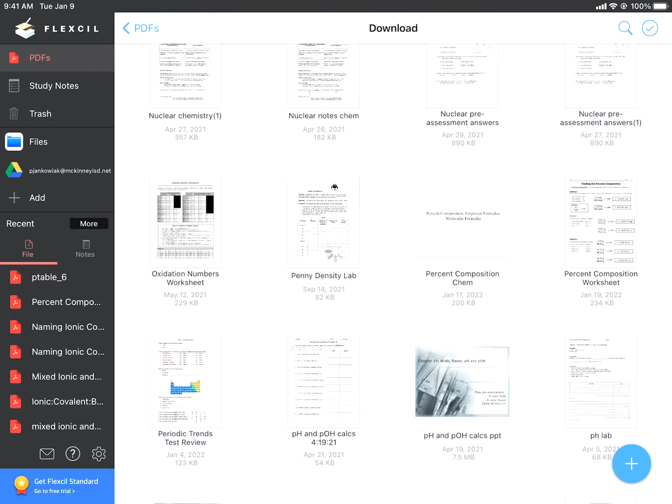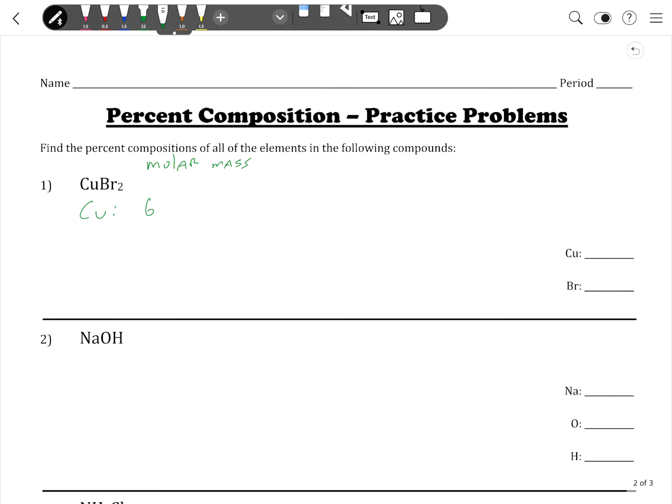and so we'll say 63.55, and then we have Br2, bromine. So we have two bromines here. And one bromine is 79.90 grams per mole. But since we have two bromines here, we're going to multiply that by 2.